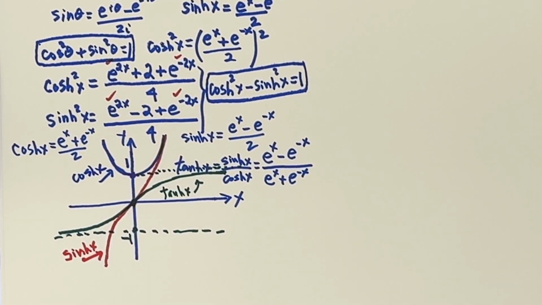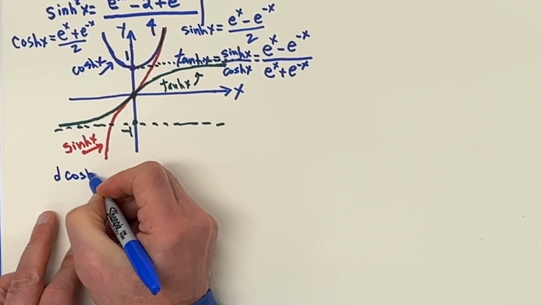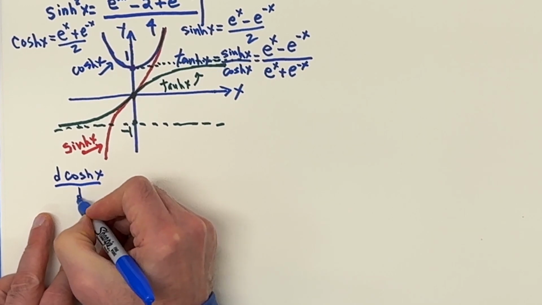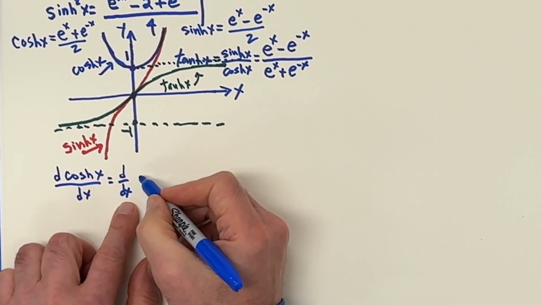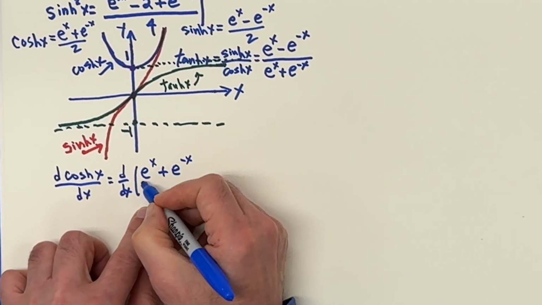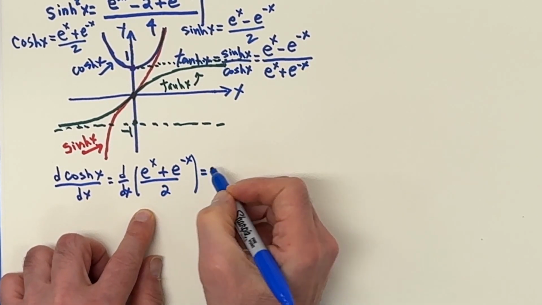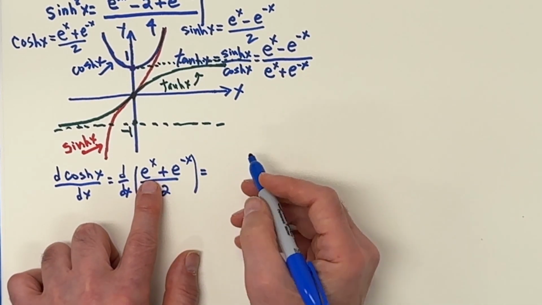Now, what about taking the derivative? All right, let's take the derivative of at least the cosh and the sinh. So if we take the derivative of the cosh like this, we want the derivative here of e to the x plus e to the minus x over 2. Well, the derivative of e to the x is e to the x.